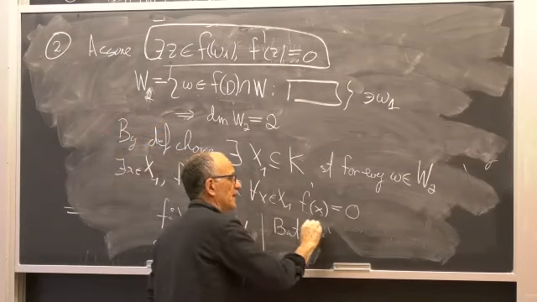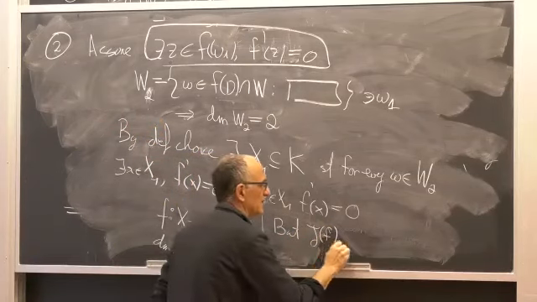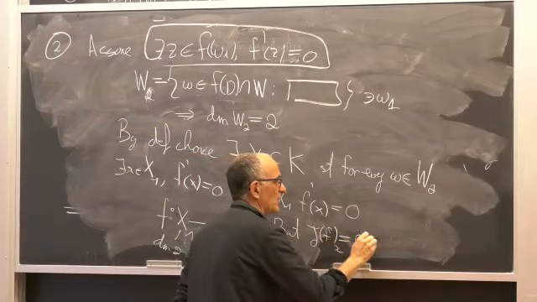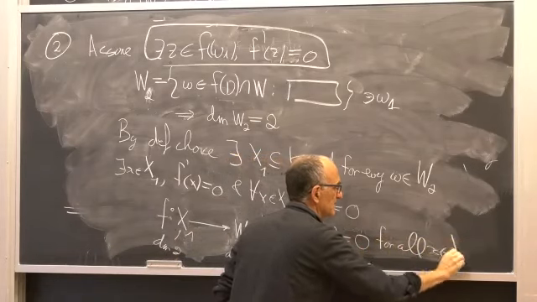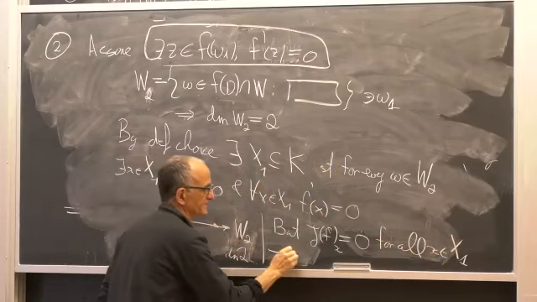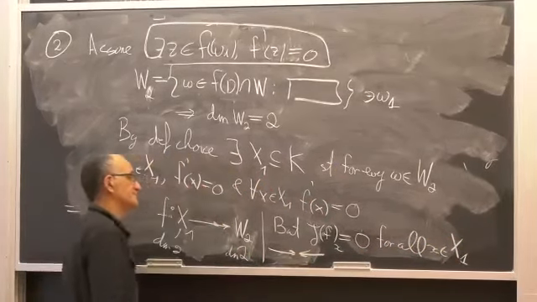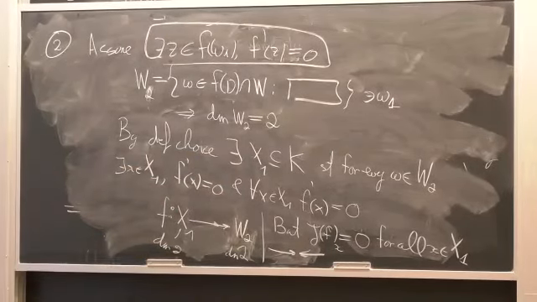But again, JF restricted to X is actually 0 for all x in X1, and the image has dimension 2, and this is impossible. The image again should have been finite.